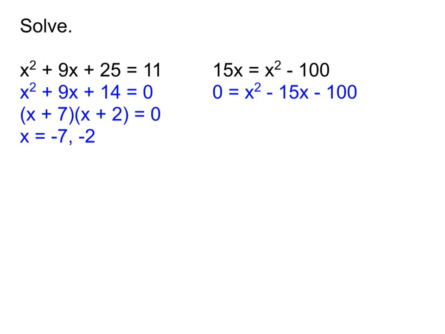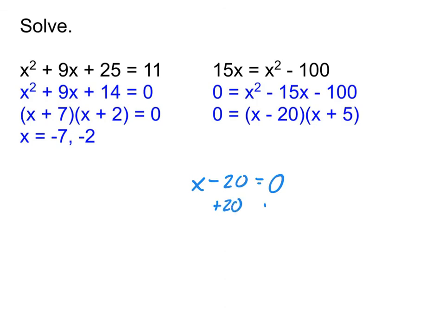And so we look for two numbers that add to negative 15 and multiply to negative 100. That's going to be a negative 20 and a positive 5. And then once we get the factored form, it's hopefully easy to solve from there because we're just saying x minus 20 equals 0, and I'm solving that equation.